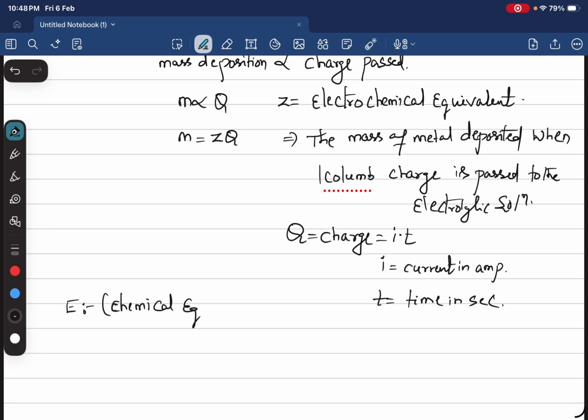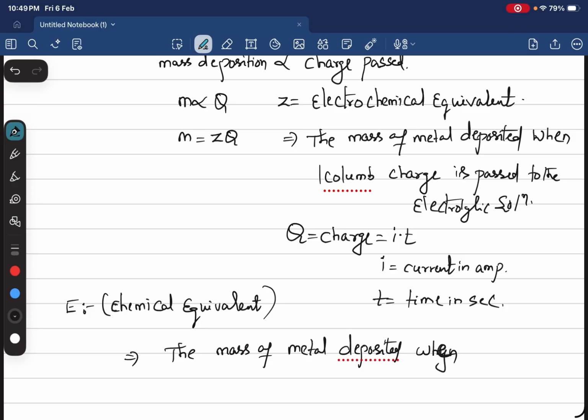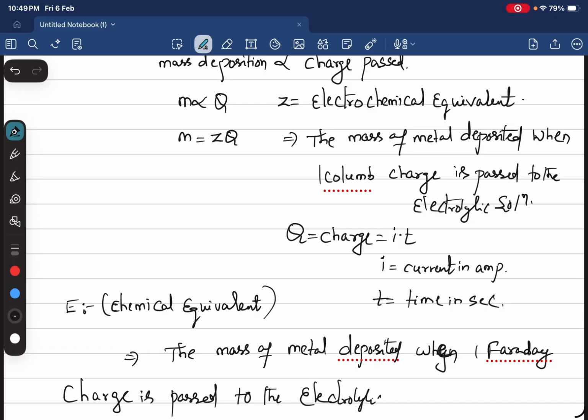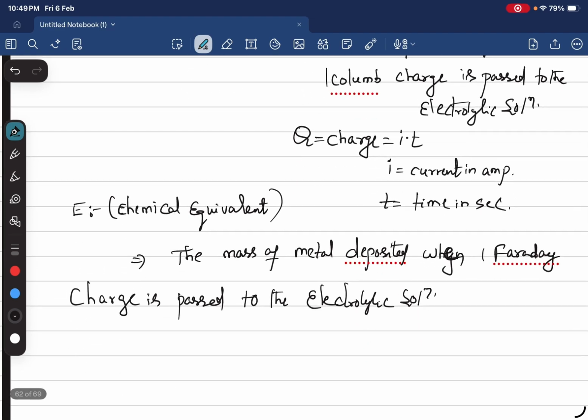Chemical equivalent is nothing but the mass of metal deposited when 1 Faraday charge is passed to the electrolytic solution.